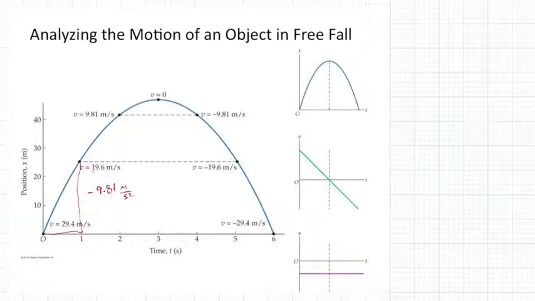That's 9.81 meters per second less, and that's another 9.81 meters per second less, and so forth. So we're really seeing a position versus time graph right here, with a velocity that conveniently, just for demonstration, starts at 29.4 meters per second, and then after a second drops down to 19.6. And after another second, it drops down to 9.81. And another second later, at the very top of its trajectory, we've got our maximum height.